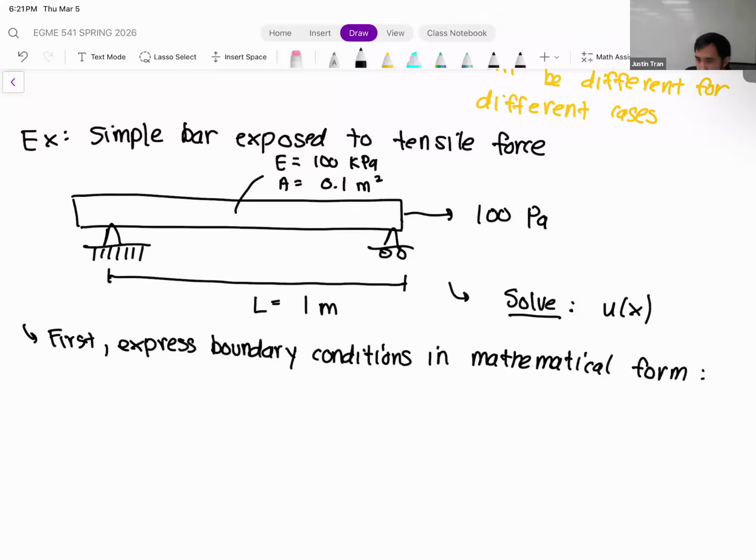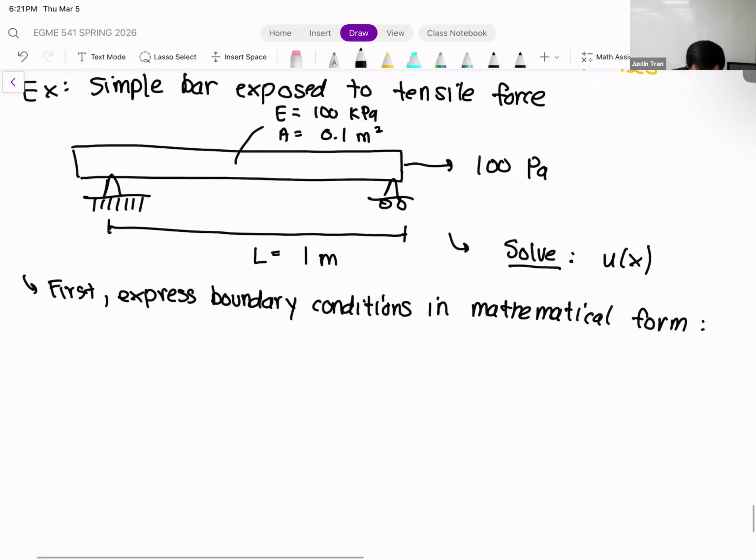As you can see, hopefully you saw that these boundary conditions are different from the one that we did in our derivation. Our fixed support here is on the left, not on the right, and we have a force boundary condition, or Neumann boundary condition, on the right instead of the left. And it's tensile. First, at x equal to 0, we have our fixed support, which in this case is a pin.